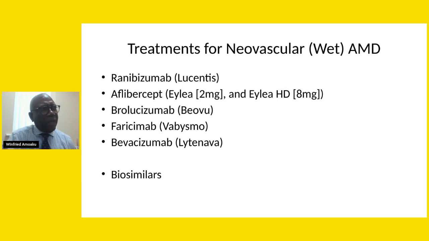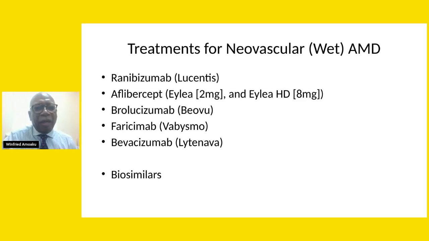Now, biosimilars are based on the original molecules as listed above. As the patents for these drugs expire, other companies are producing drugs with similar molecules to what is in the original drug, which is why they are called biosimilars. They've been tested for safety and have been found to have a similar property or function, or work the same way as the mother molecules.